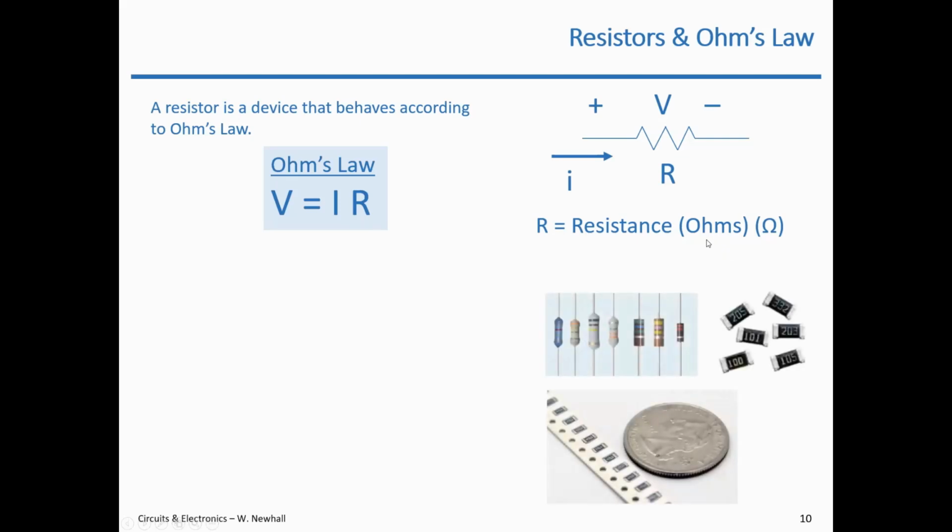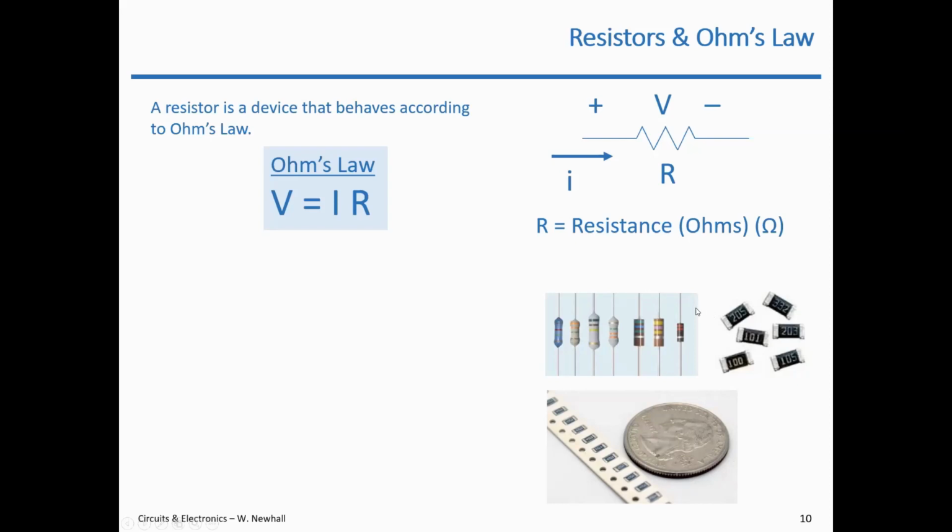So here are examples of resistors. These are resistors that go on circuit boards. On the top left, those are resistors that you bend the leads and they go through holes, and you can put those in breadboards. On the right, these are surface mount resistors. These are more typically used in modern electronics because they're small, and they get really small. I've used resistors that get smaller than this, 01, 02.